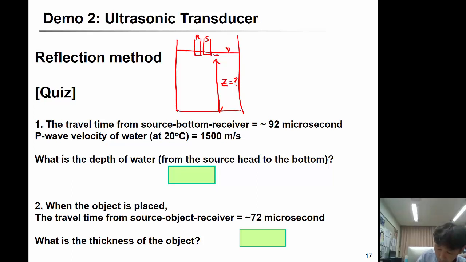So this is the water, and this is the steel plate or the very high impedance material. And here from the source to the bottom to the receiver, the P wave travels back and forth by 2z. Okay.